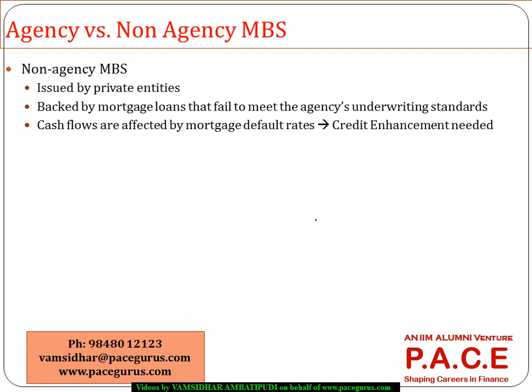So the risk levels associated with those loans are much higher. They are typically called non-conforming mortgage loans.